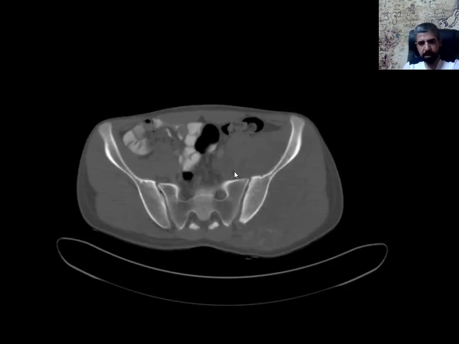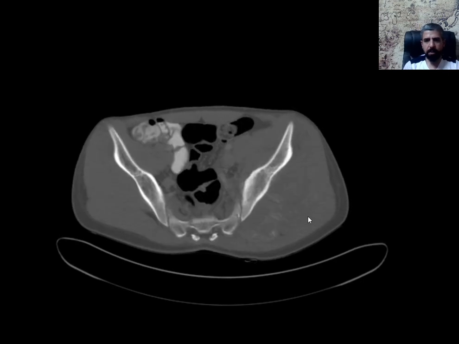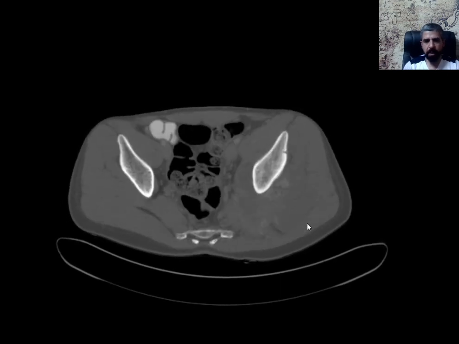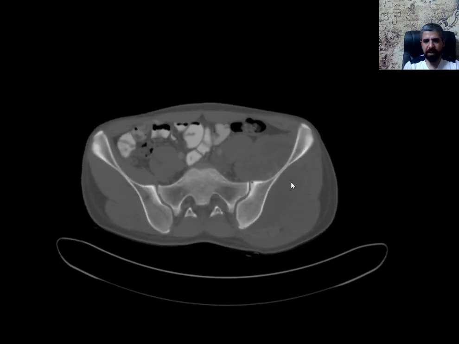and we can see the bone window here to check the bone, and you notice that the bone is basically intact apart from some sunburst type of periosteal reaction, but it is not destroyed.